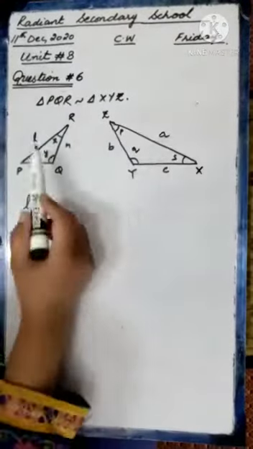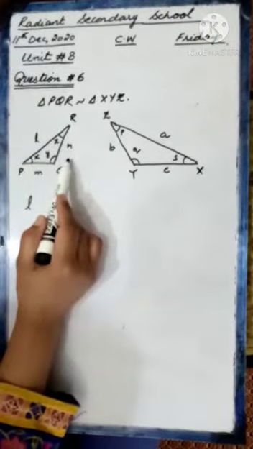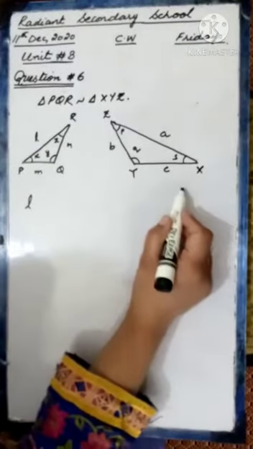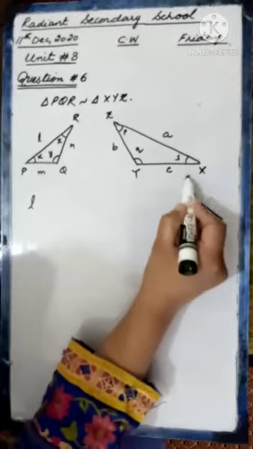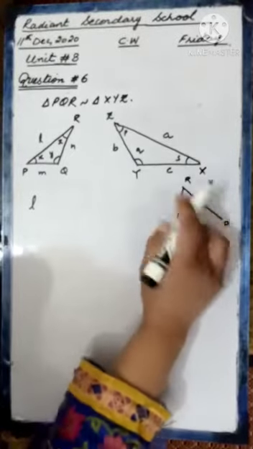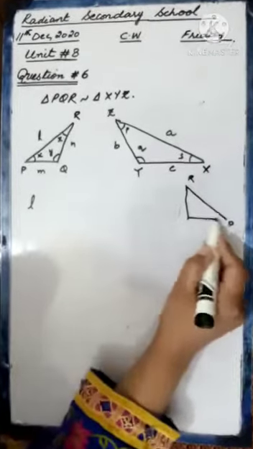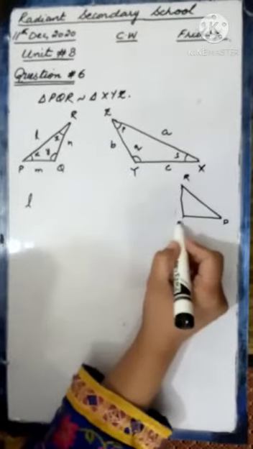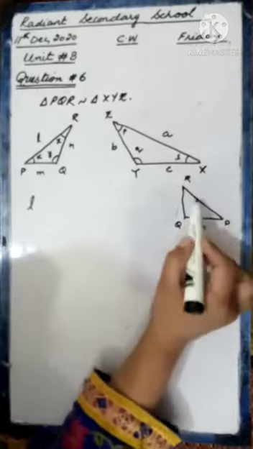No, it will be A, because when you put this triangle in the same direction like this, this is R and this will be P, so it will be P and it will be Q. QP is M and RQ is N and this will be L.